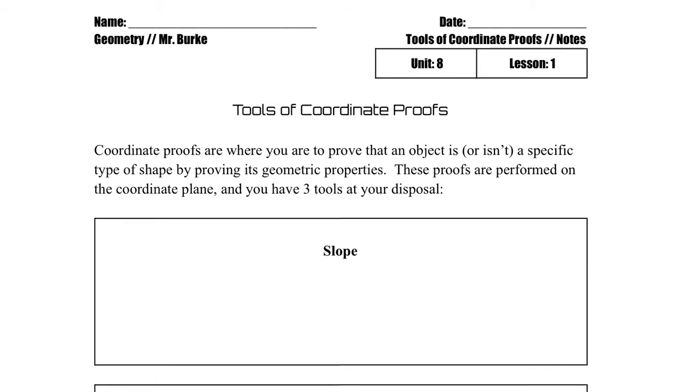So the first tool is slope. You know what the formula for slope is. Slope is going to be y2 minus y1 over x2 minus x1. And what is slope good for?